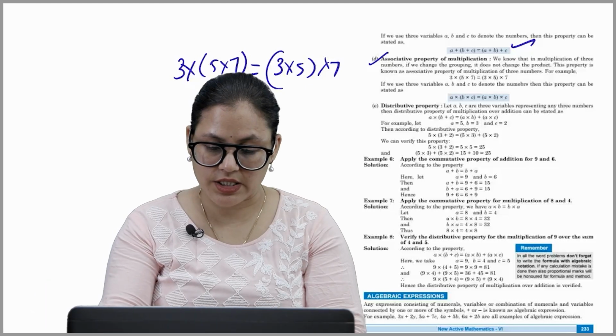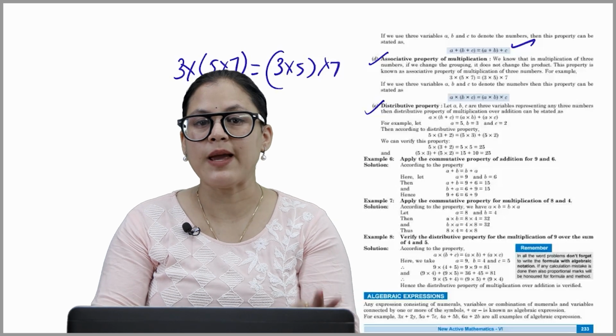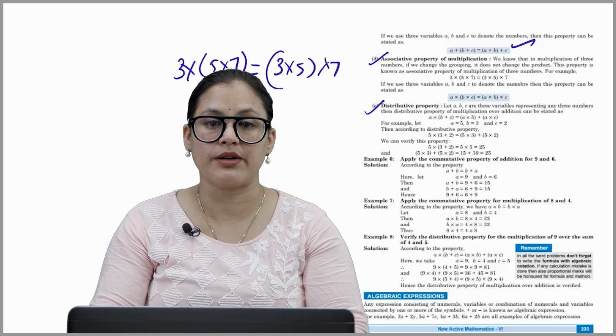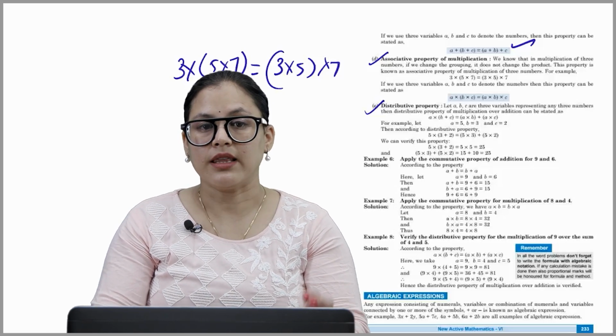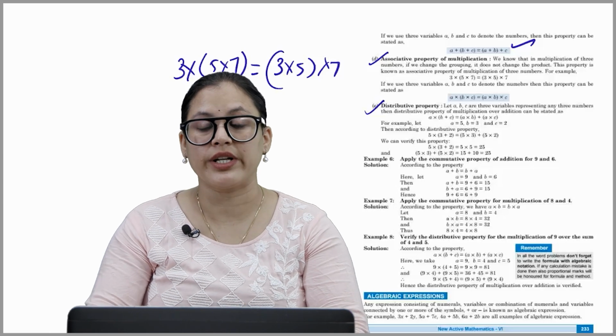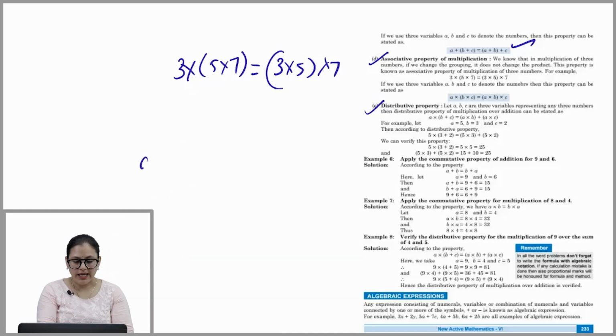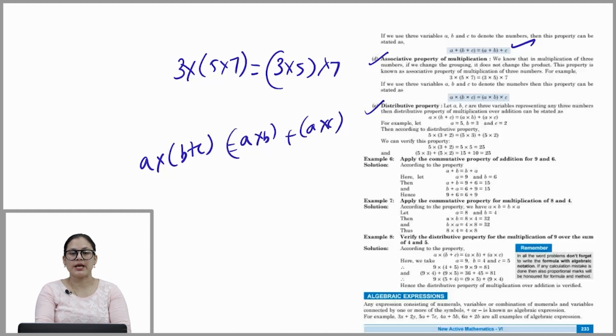E. Distributive property. Let A, B, C be three variables representing any three numbers, then the distributive property of multiplication over addition can be stated as A into (B plus C) is equal to A into B plus A into C, right? For example, let A is equal to 5, B is equal to 3 and C is equal to 2.